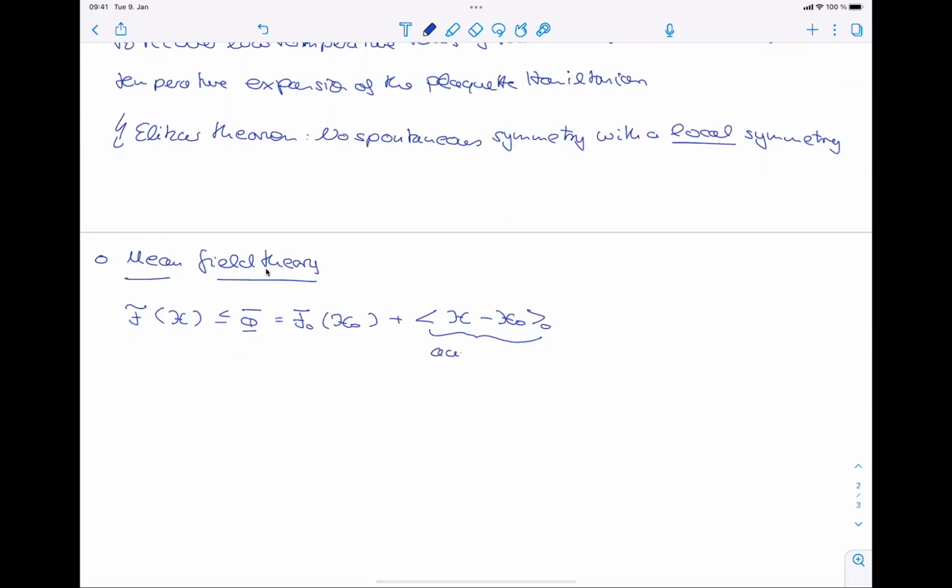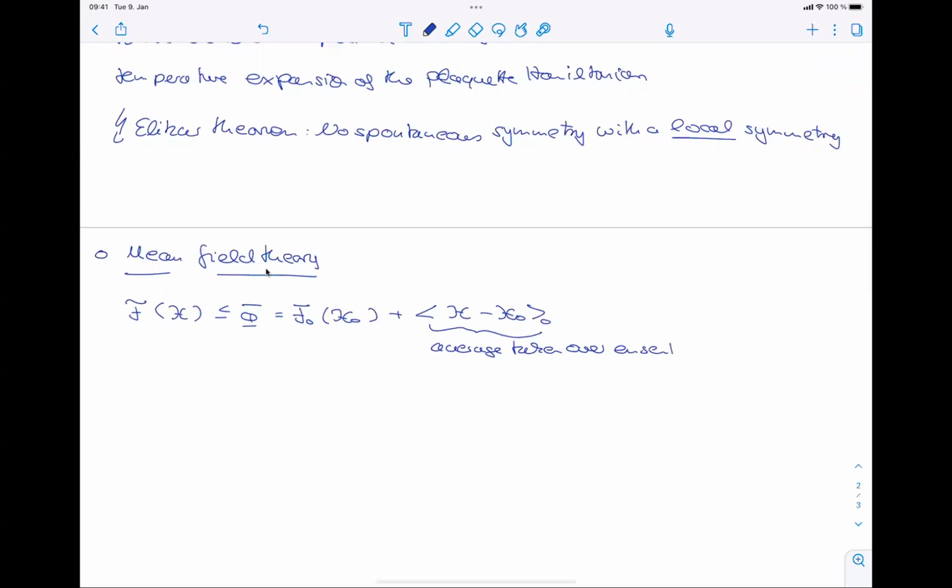So this here denotes the average taken over the ensemble defined by H naught, and that's the so-called Bogoliubov inequality.